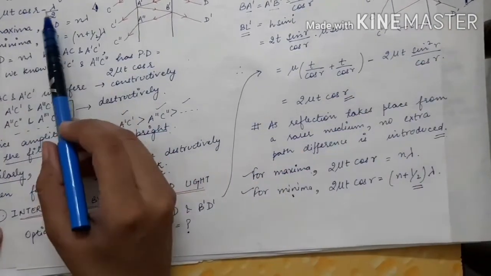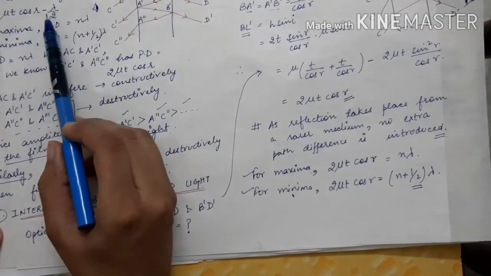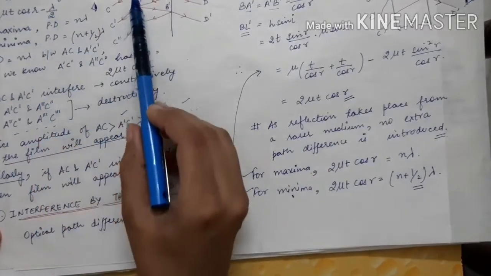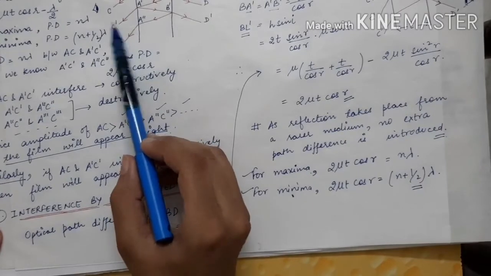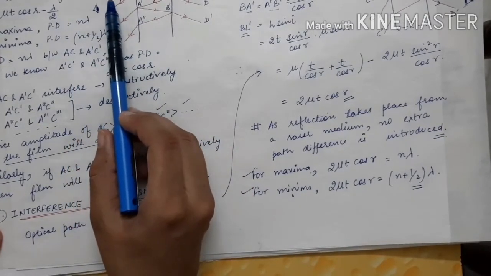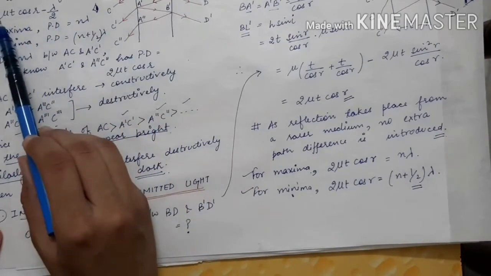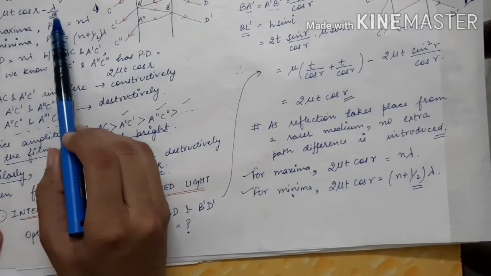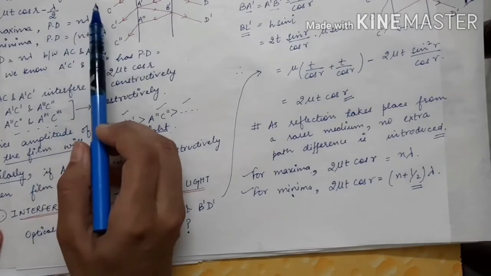And when the first two reflected rays interfere destructively, then 2 mu t cos r minus lambda by 2 will be equal to n plus half lambda, and that will give 2 mu t cos r equal to n plus 1 lambda.